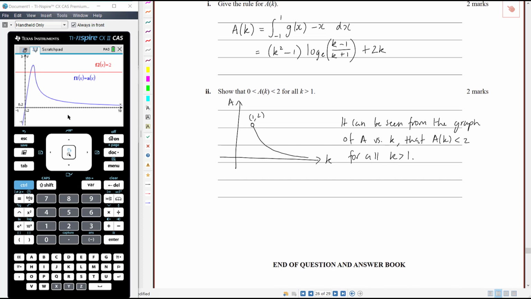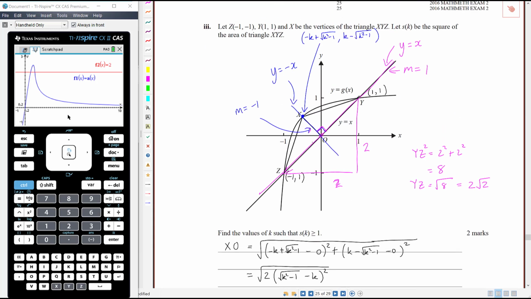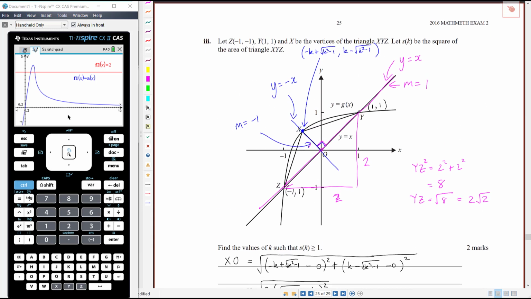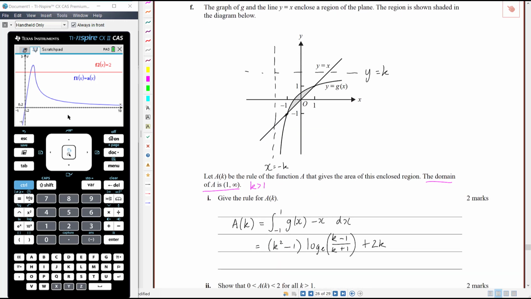That's probably not really the intent of the question. What they actually want you to do is think about what you've done here with the triangle. So you want to think about a similar idea with the triangle, but a slightly different triangle. No matter how we change k, it's still going to go through these 2 points.